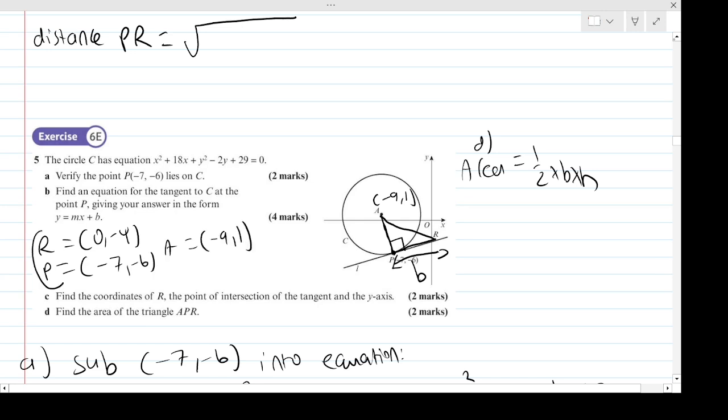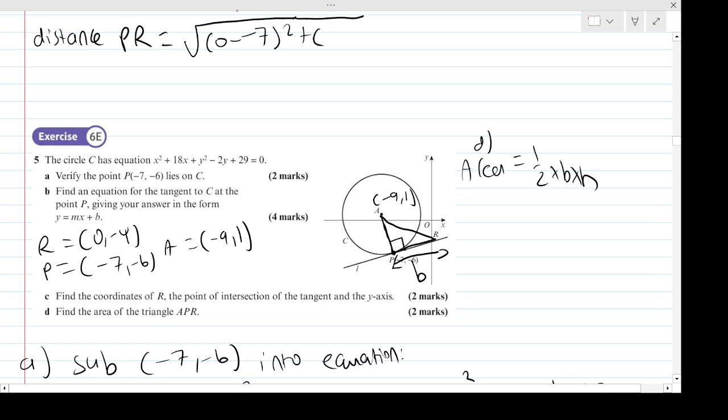So then the distance PR, between these two points, I can do change in x first. So 0 take away minus 7, which should be plus 7, all squared, and then add change in y.